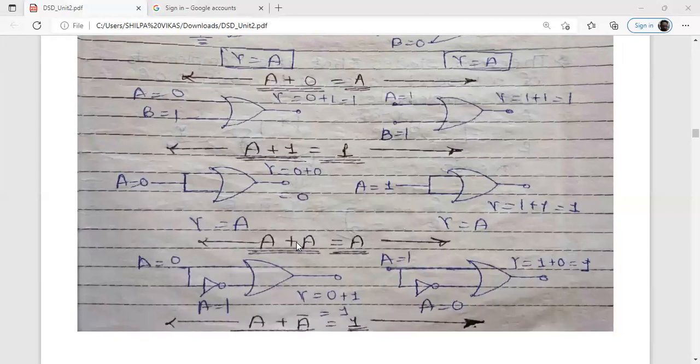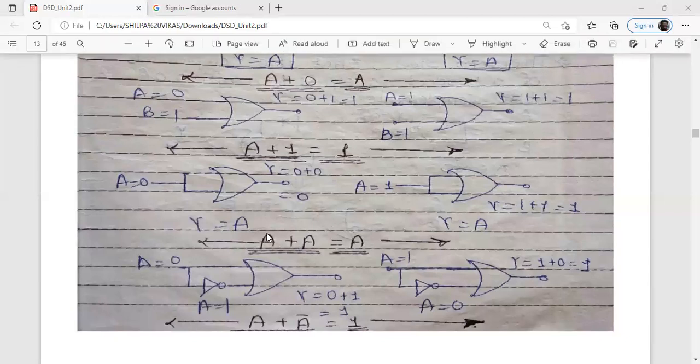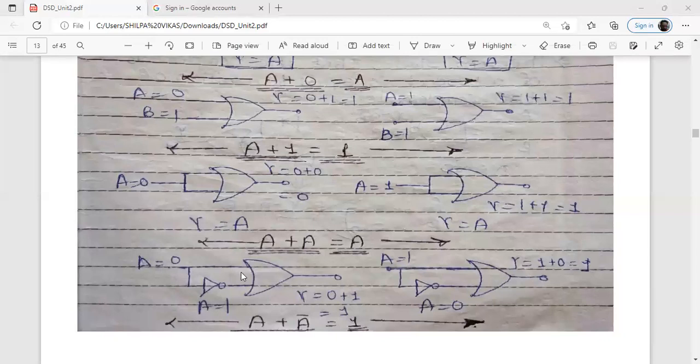Now a plus a bar. For the OR gate, if we use one input as a value and the other as the complement of this input, then we get output as 1.